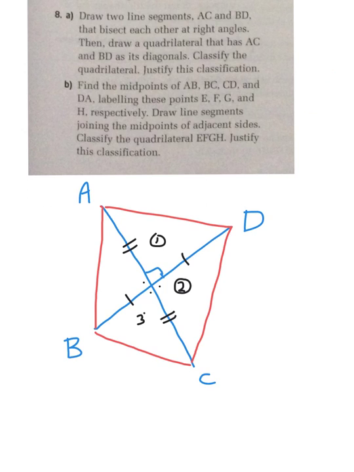The triangles are exactly the same, congruent, and if they're exactly the same, therefore on the outside we know that that must equal that, must equal that, and must equal that. Therefore we have a rhombus, and the diagonals of a rhombus bisect each other at right angles.